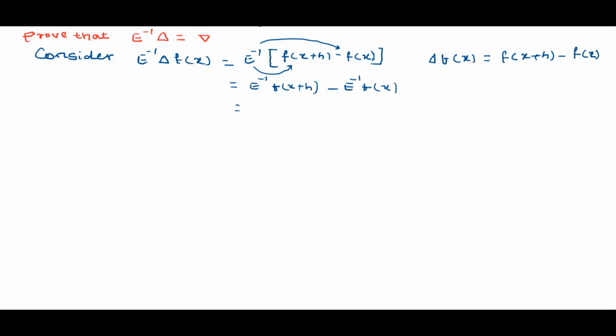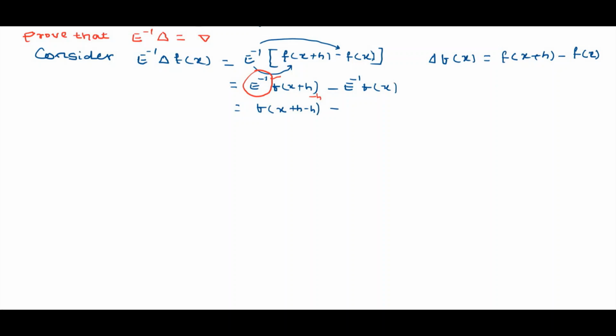If you apply the shifting property, to eliminate this e raised to minus 1, we have to add minus h here because the power is minus 1. So directly we can write it as f of x plus h, which is the previous term, and on adding minus h, e raised to minus 1 gets eliminated.